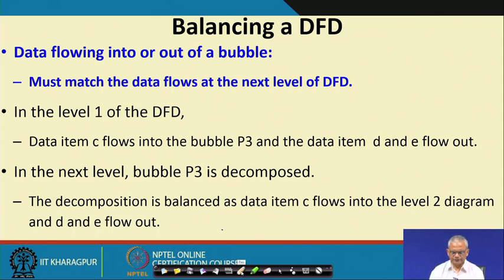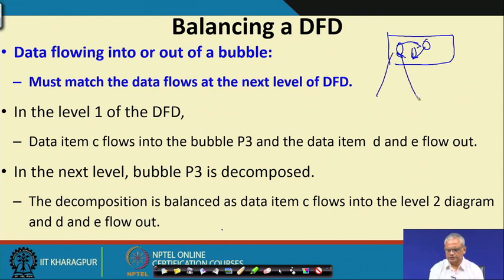What we mean here is that let us say we have a DFD model and we have some DFDs here. Now, let us say we decompose this bubble, take one bubble here and decompose it into a DFD diagram.